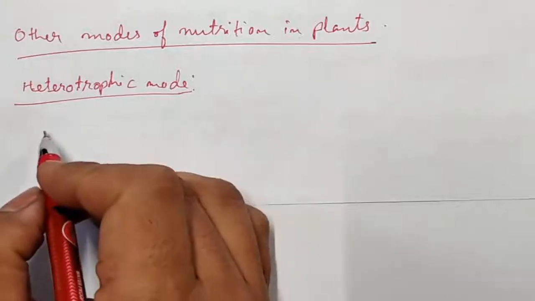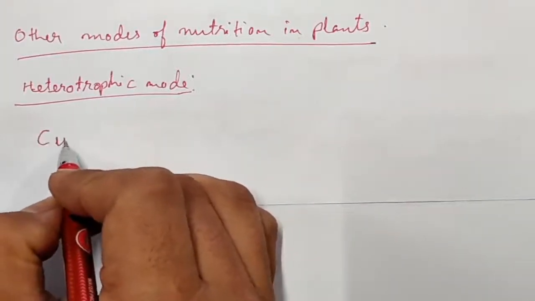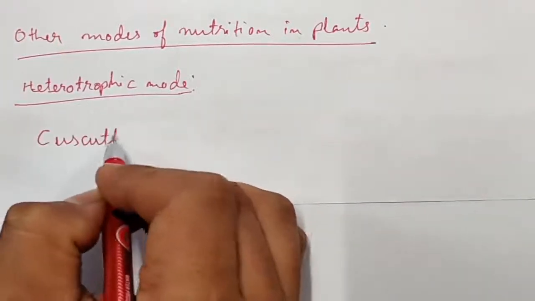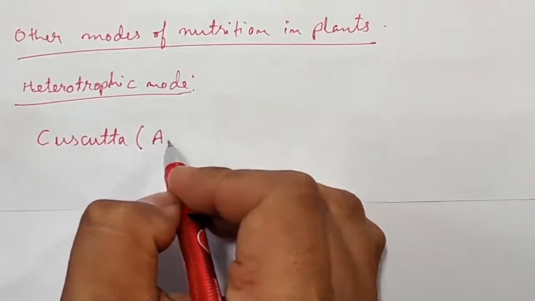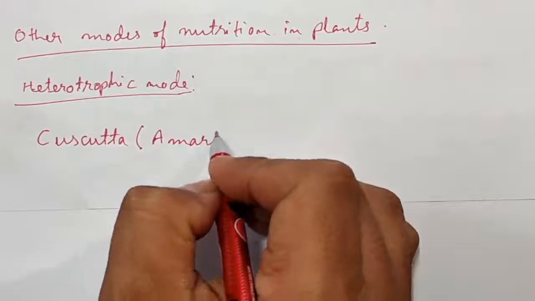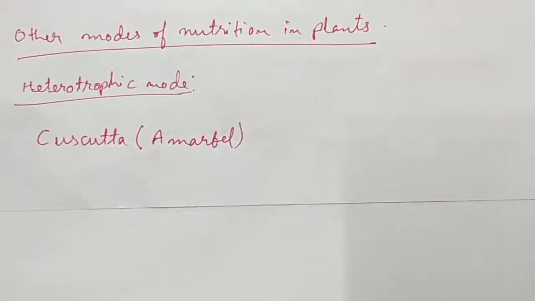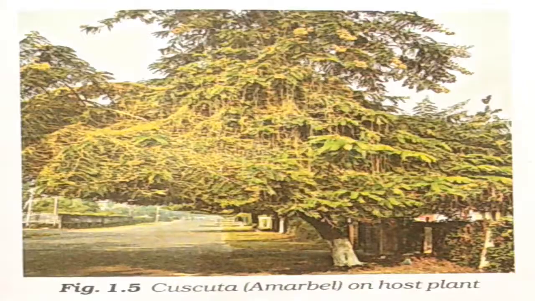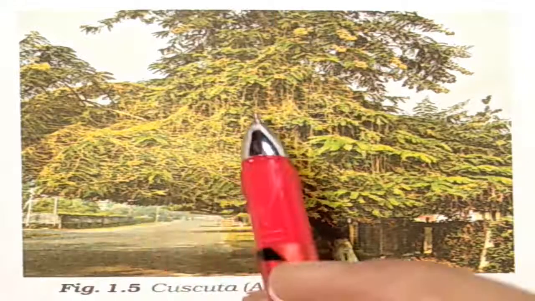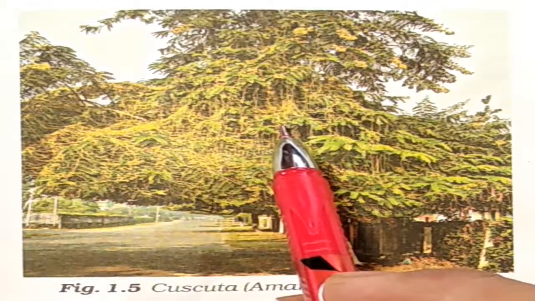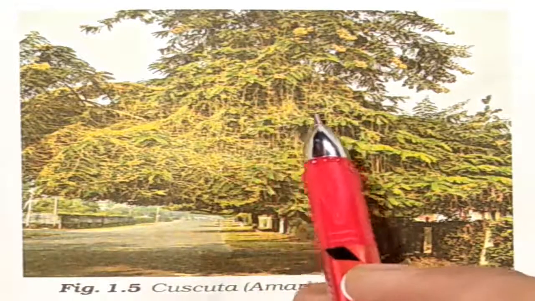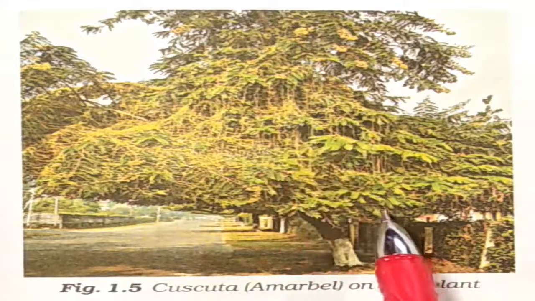For example, cuscuta, or you can say amarbel. Let's see the picture of cuscuta. You see, there is a yellow wiry branch structure twining around the stem and branches of a tree.